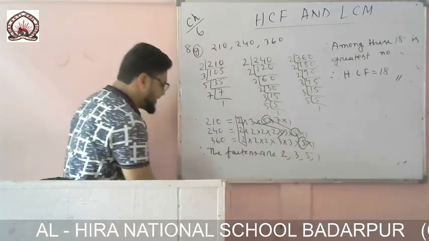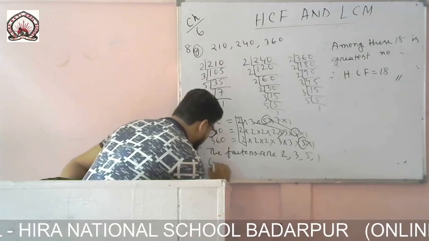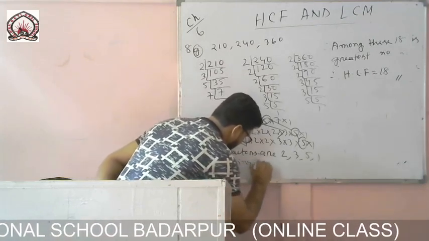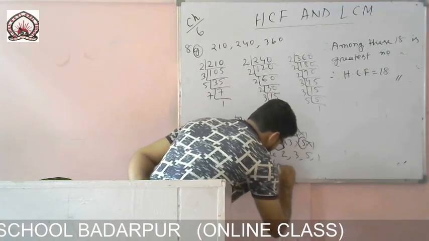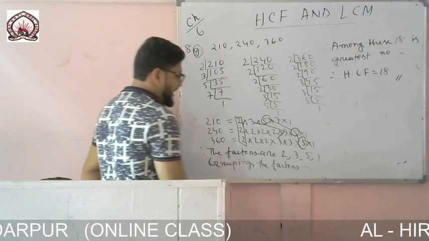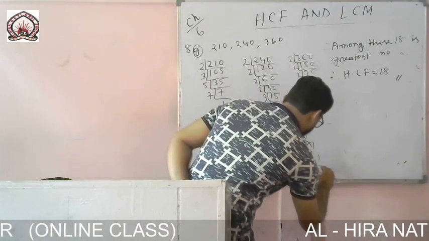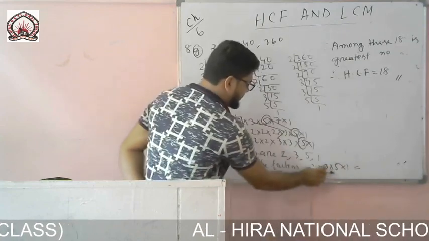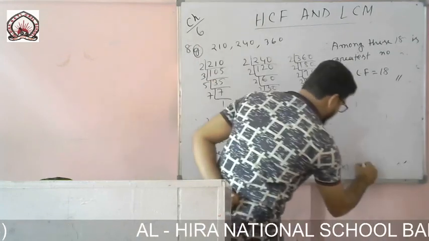Okay. Now write grouping the factors. Grouping the factors, what? 2 into 3 into 5 into 1. What will we get? 2 3s are 6, 6 5s are 30.